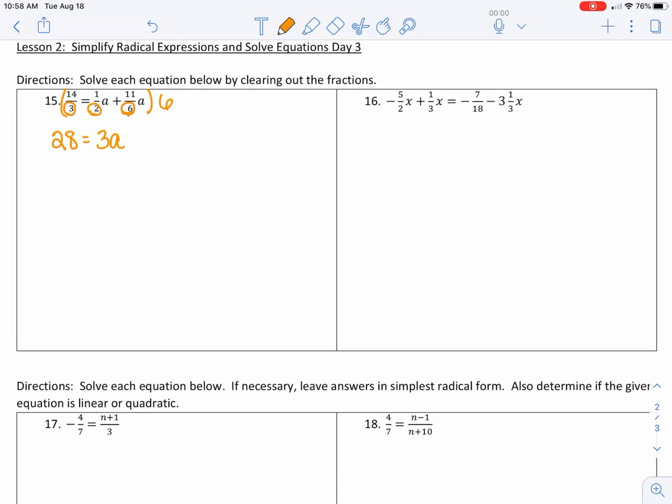And then 11 over 6a times 6 is just going to give us 11a. So I end up with 28 equals 14a if I add these two together. Then I can solve this like a normal equation and divide by 14. And I get 2 is equal to a. So we solved our equation by getting rid of that fraction.